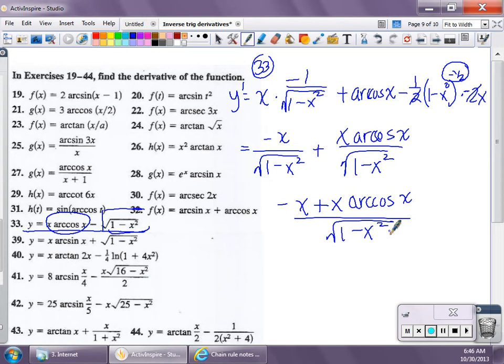So that's number 33. That one's really not too bad to clean up. Now, hopefully you can see that number 39 is pretty much the same problem as number 33, except it's arc sine instead of arc cosine, so I'm not going to do that one.